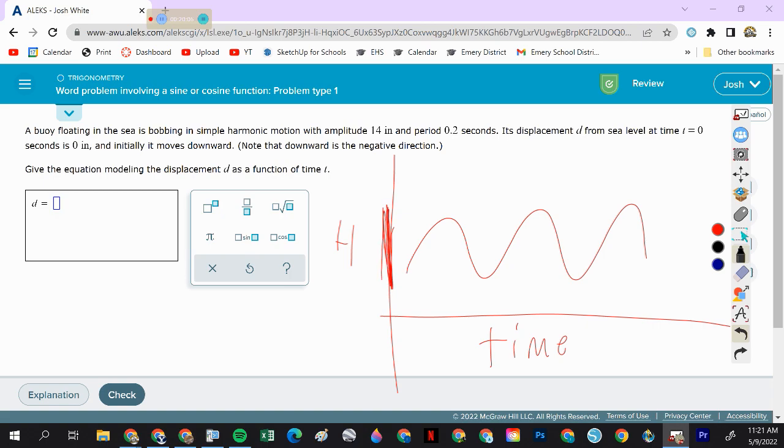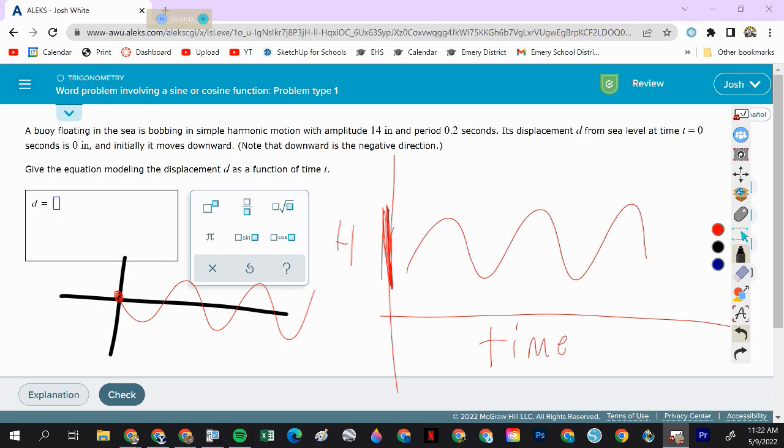So over time, it's going to trace out a sine graph or a cosine graph. Okay. The amplitude is 14, and the period is 0.2 seconds. And at 0 seconds, the buoy is 0 inches high. And initially, it moves downward. So we start here, and then we're going to graph this.